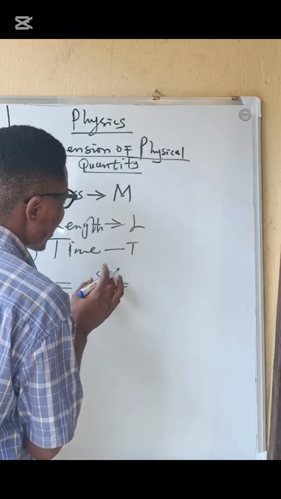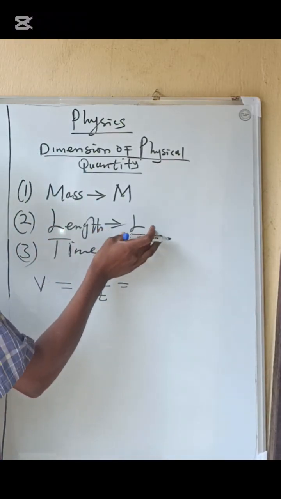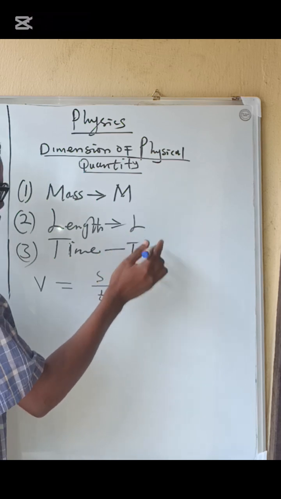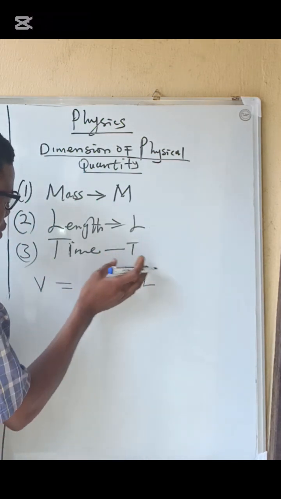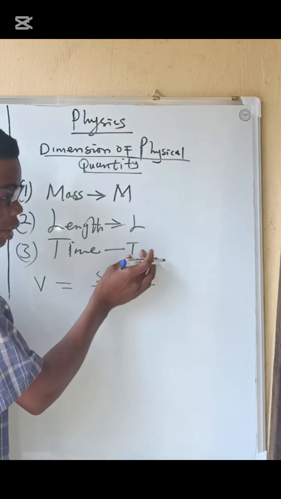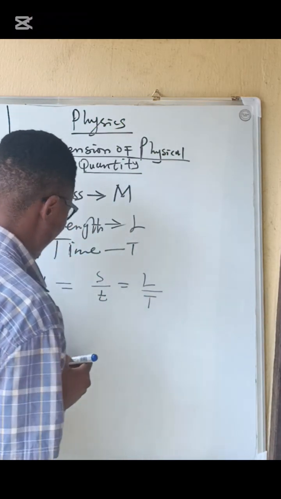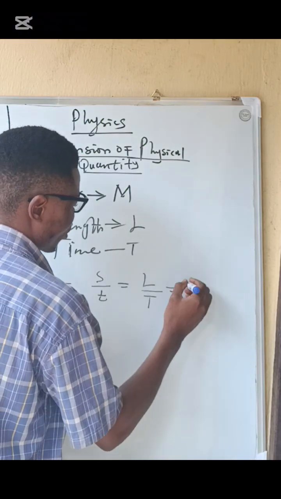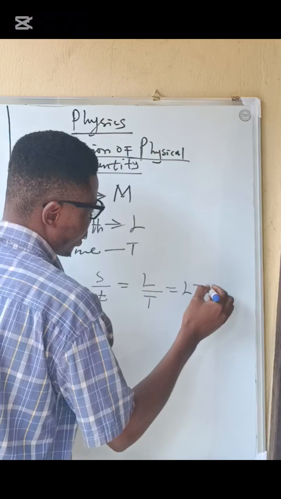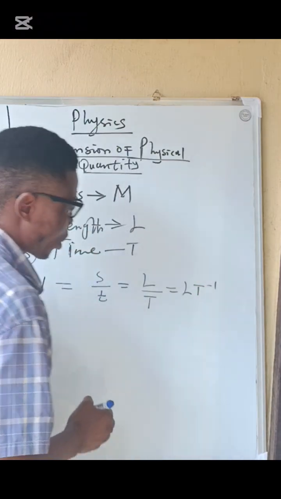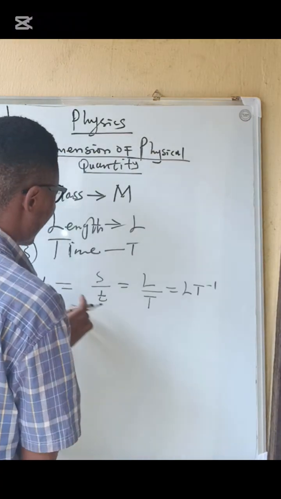Where you have s is distance, it's the same thing as saying length. So I'm going to replace it with capital L. Where I have time, I'm going to replace time with capital letter T. So we have L divided by capital T, which gives LT. When you remove this division sign, you are going to have LT minus 1, that is power of minus 1.